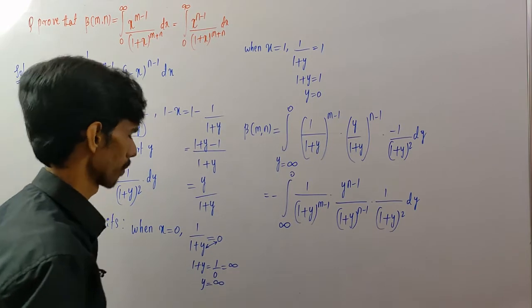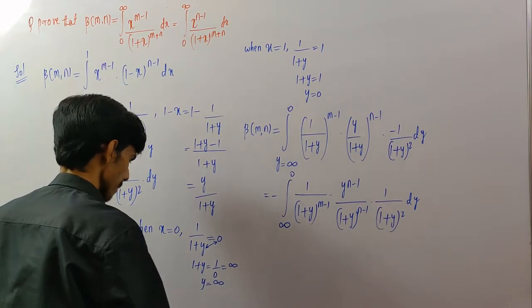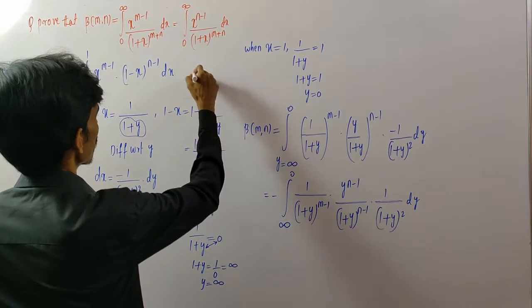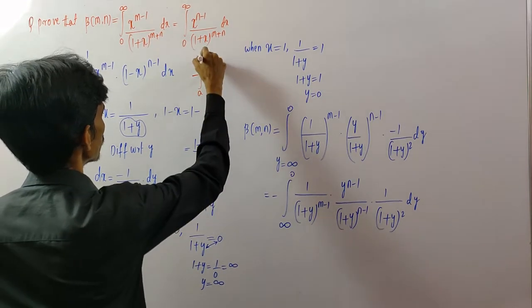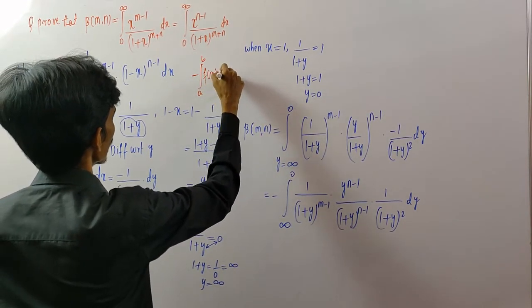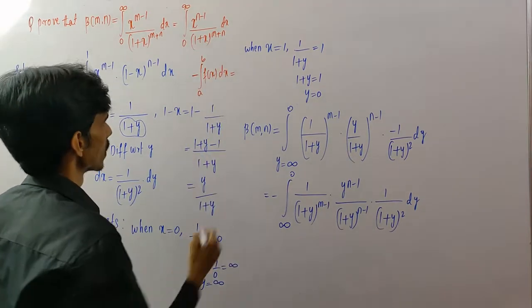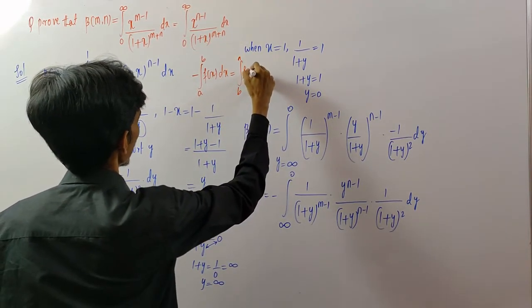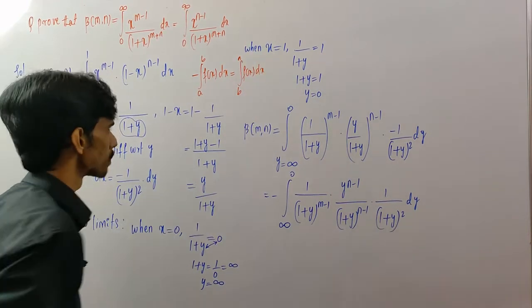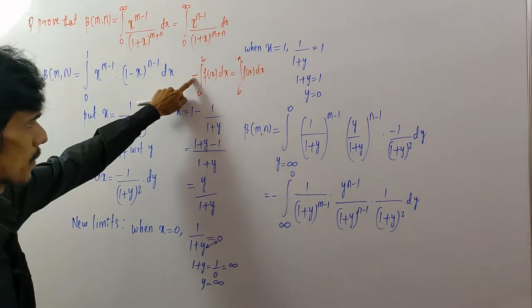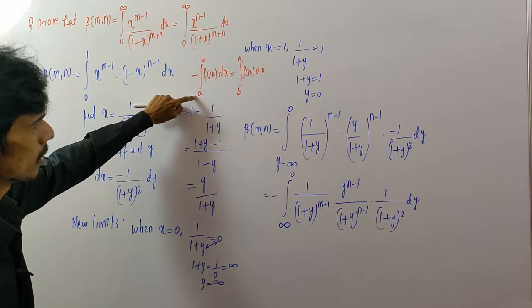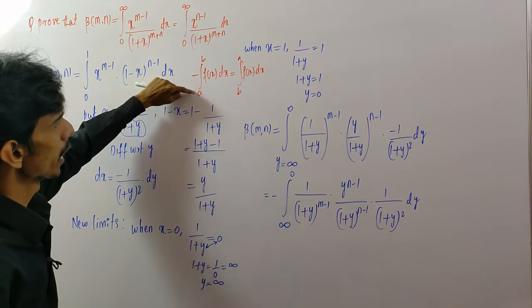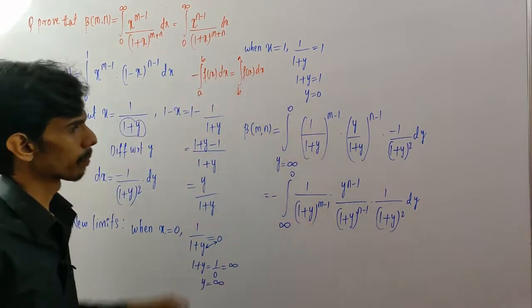We know that minus integration a to b f of x dx can be written as integration b to a f of x dx. That is, this negative sign will interchange these limits. A to b will become b to a.